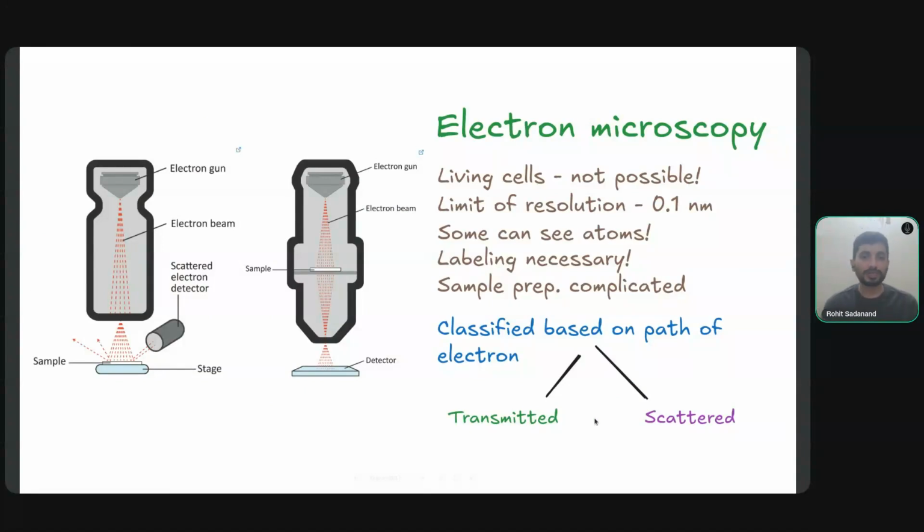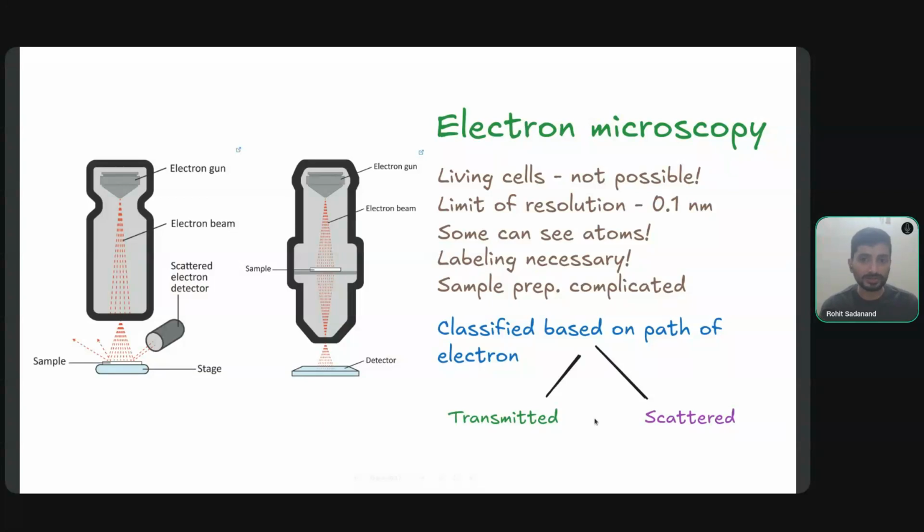But because electrons are kind of brutal when they pass through your sample, and because electrons cannot pass through the normal atmosphere, since they would get really sidetracked by all the atoms and molecules going around, you require to process and observe samples for electron microscopy in a vacuum.